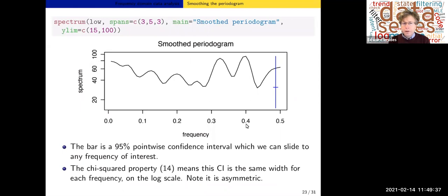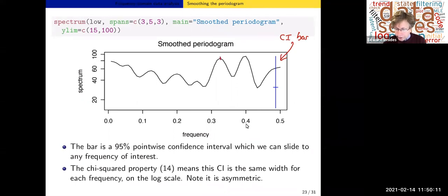The default periodogram smoother is determined by these things called spans, and it produces this bar here. This is the confidence interval bar. And the way this works is, suppose there's some frequency you're particularly interested in, such as, say, this one.